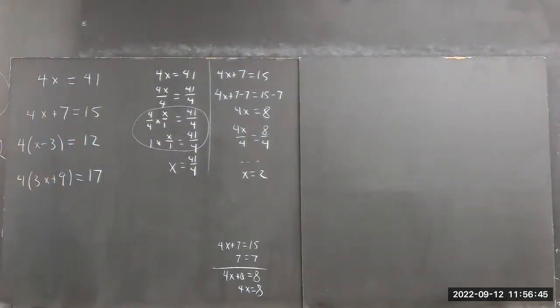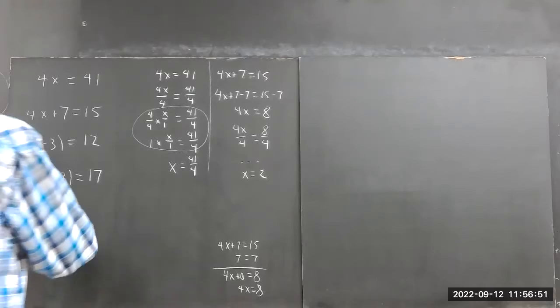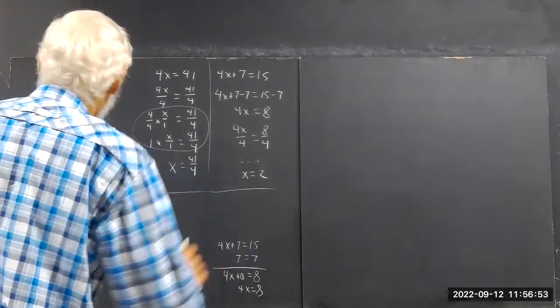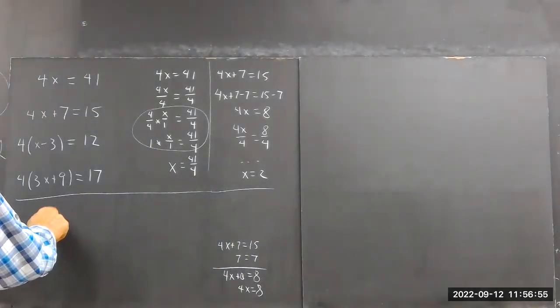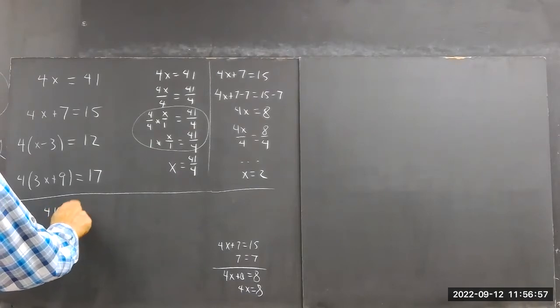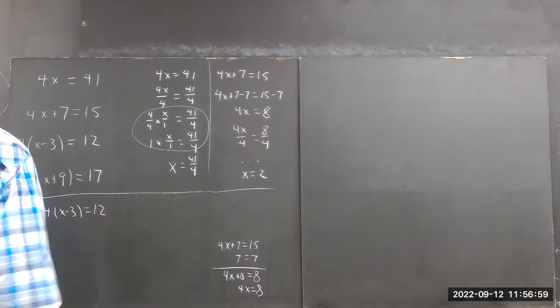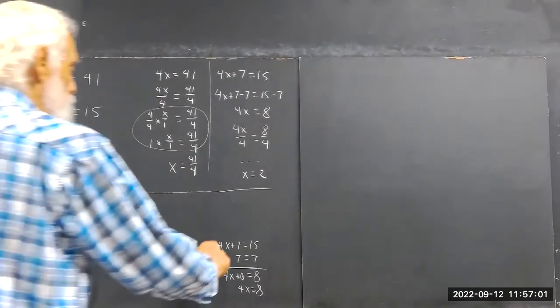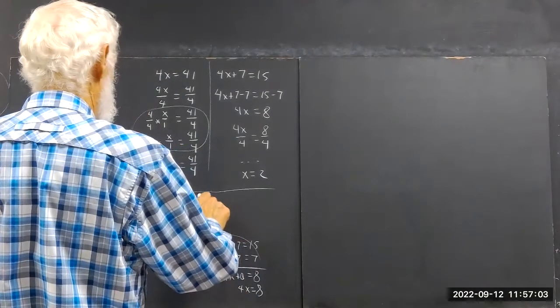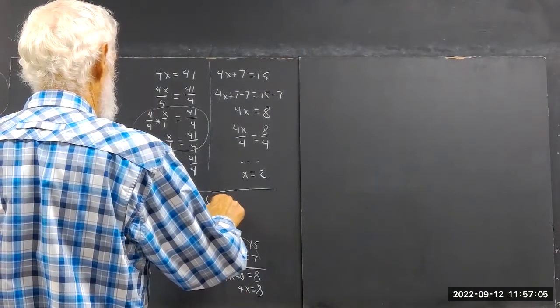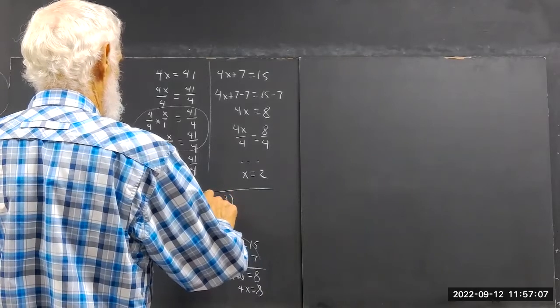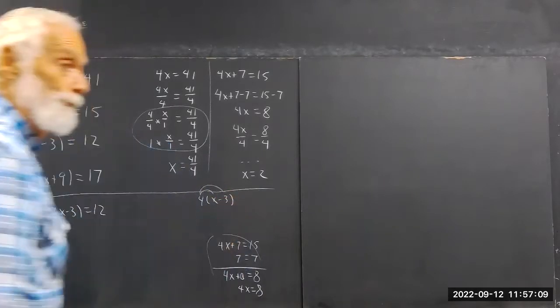Most people did pretty well in these problems. A few people forgot the distributive law. So I'm going to remind you. Now, some people wanted to write this out with little things like this.